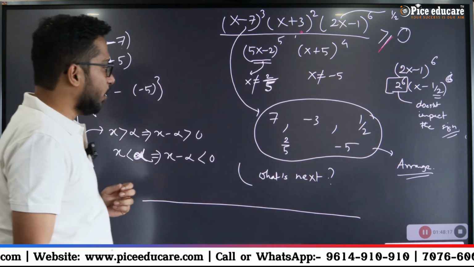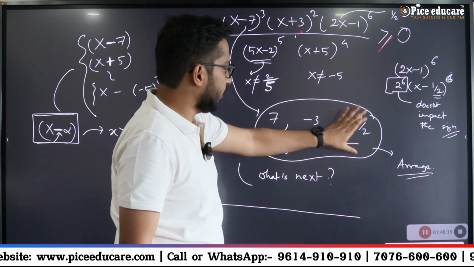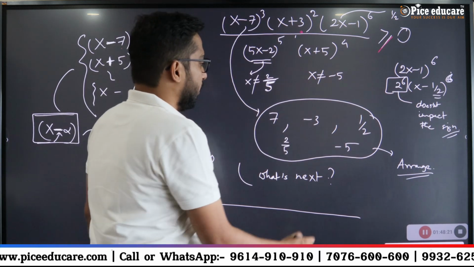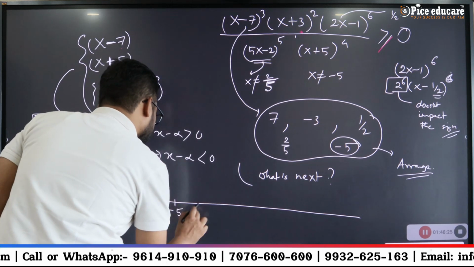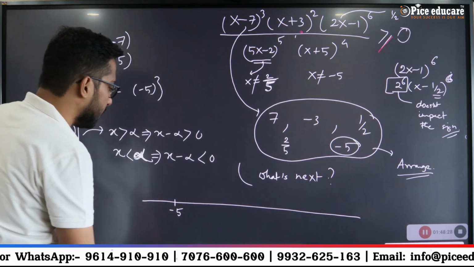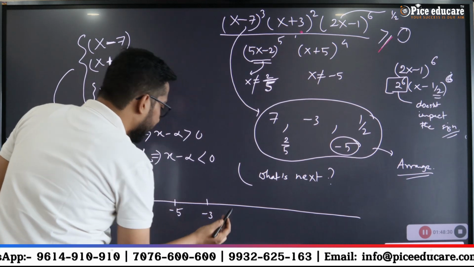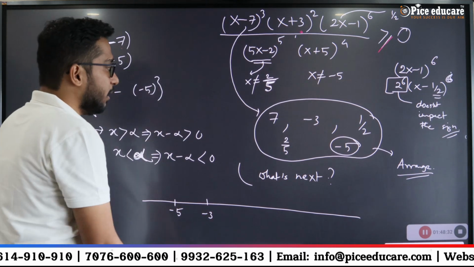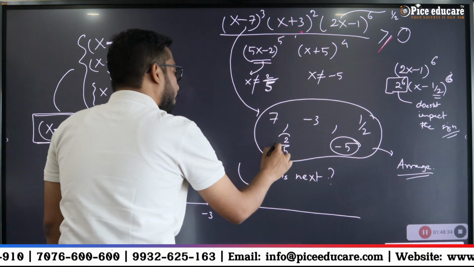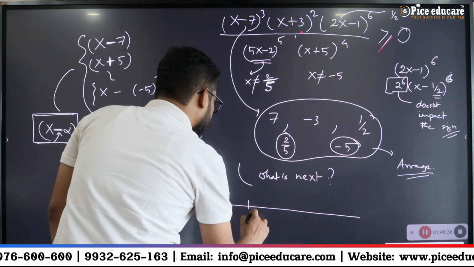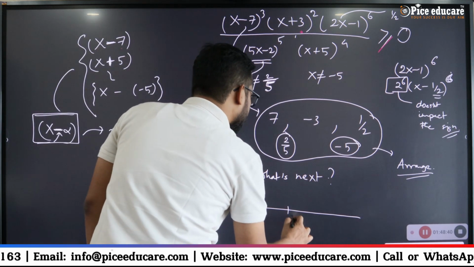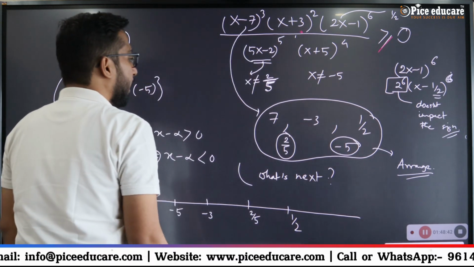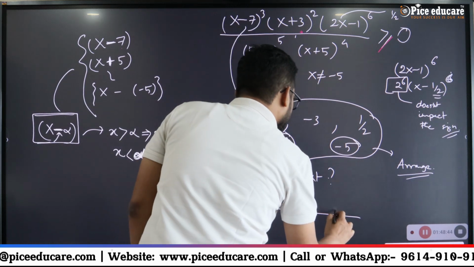For example, what is the smallest of these? The smallest is minus 5. So you put minus 5 first, then you go for minus 3, then you go for 2 by 5, because it is 0.4. Then you go for half because it is 0.5, and lastly you go for 7.